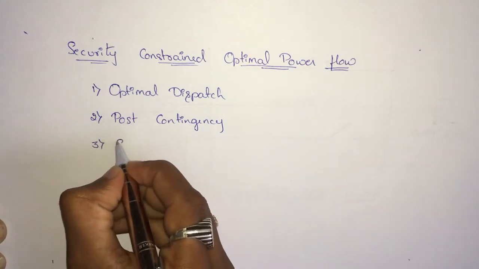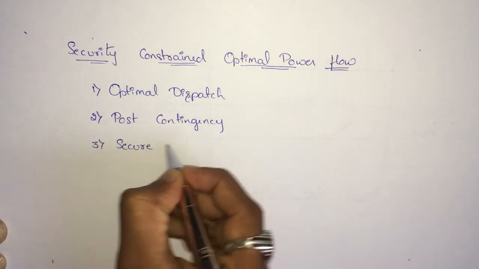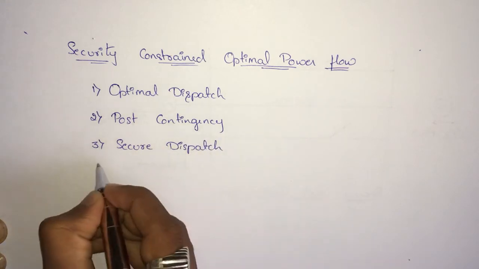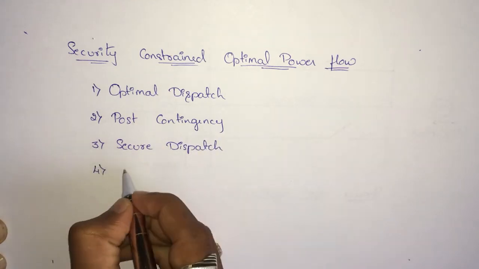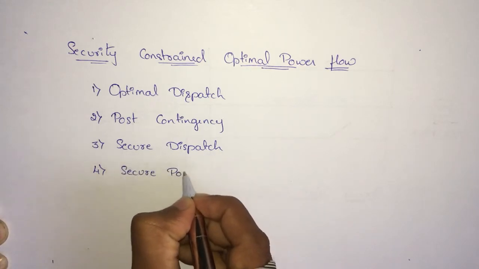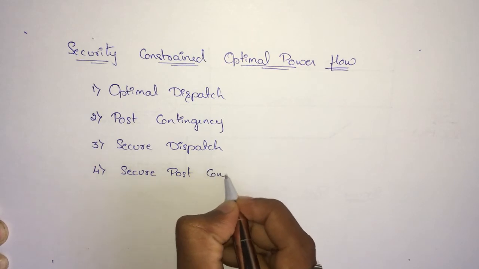Third one is secure dispatch, and the last one is secure post contingency.